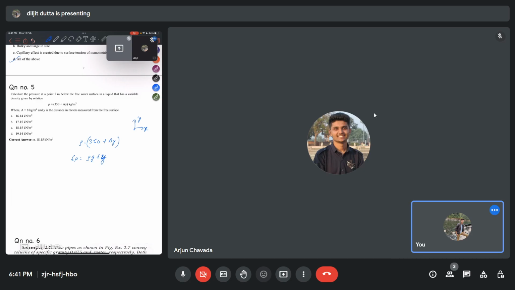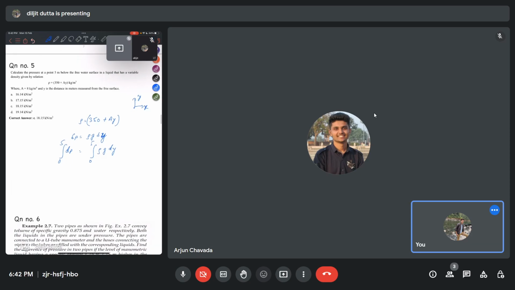For the pressure at a point 5 meter below the water surface, it will be the integration from 0 to 5 of rho G dy, so 0 to 5 of 350 plus I think A is 8 y, you can bring G out, and dy.